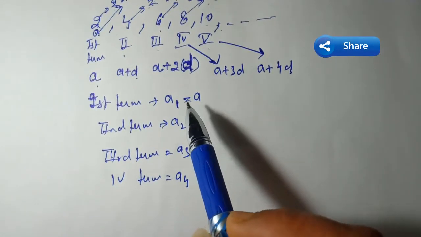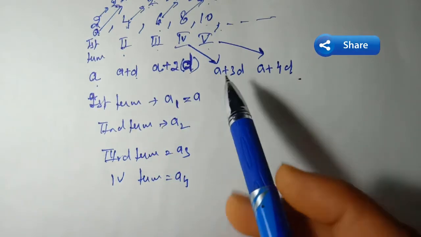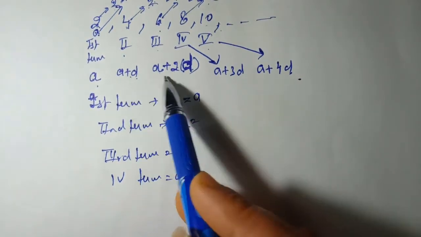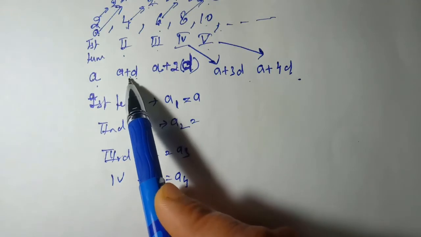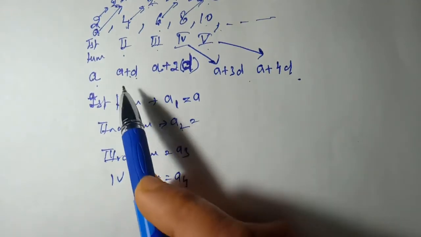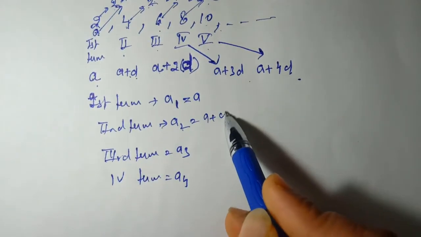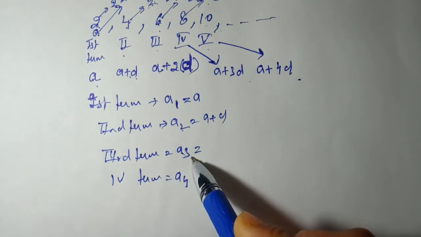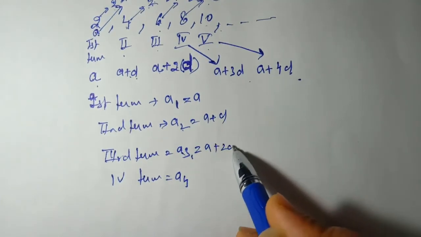So if you have to find any term, then according to this general form, you can see the relation. A2 means the second term, A plus D. A3 means the third term, A plus 2D.